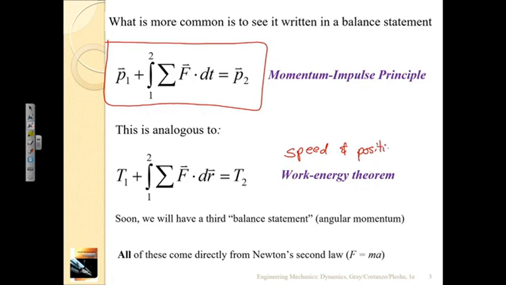So when you take this next exam and you're wondering which one to use, do I give you information about how fast it's going and where it is? Maybe compressing a spring or at the top of a hill. That's speed and position. If I give you something about velocity and time, that's momentum impulse. So being able to separate these two matters. And sometimes the two can work together. I might use work energy to start the problem and momentum to finish it, or vice versa.